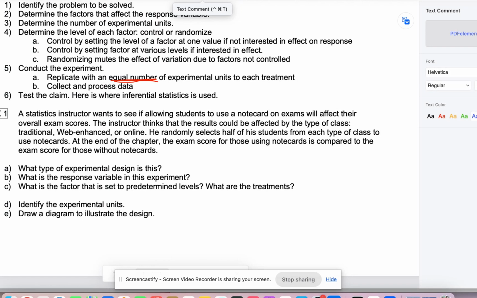However, if our total sample size was 20, and I had 5 more in one than in another, then that would be a big deal, because in comparison to the overall sample size, 5 is a large percentage. So when we say equal number, that's relative.